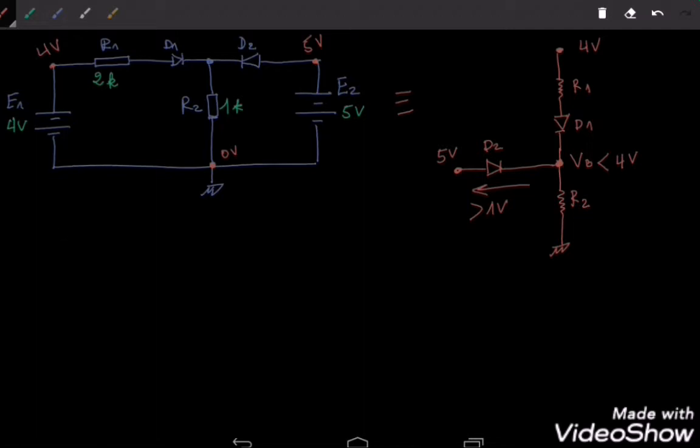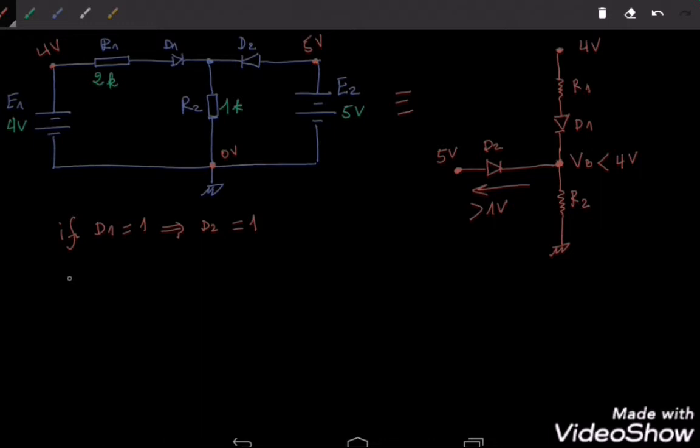So now I know that if D1 equals 1, D2 has to conduct. Now, what's going to happen if I assume that D1 is not conducting? Will D2 conduct? Of course, yes, because the current has to pass from the highest potential to the smallest potential. The only way to pass from the highest potential to the smallest potential is through D2. So the current has to pass from the 5 volts point to this point, which means that D2 is going to be conducting.